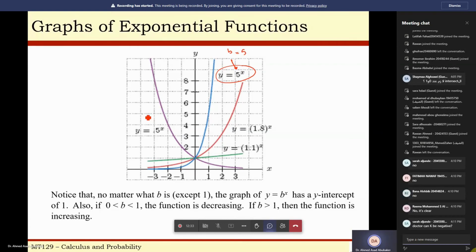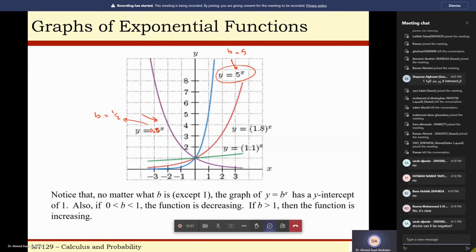Look at the curve in parallel. We have 0.5, so b equals 1 over 2. This is between 0 and 1.